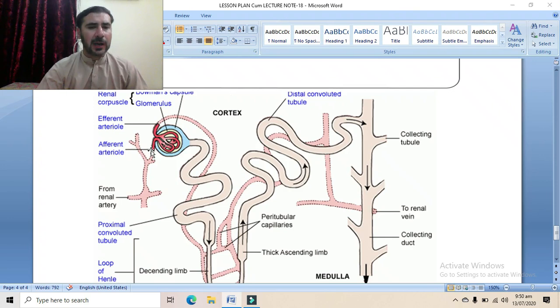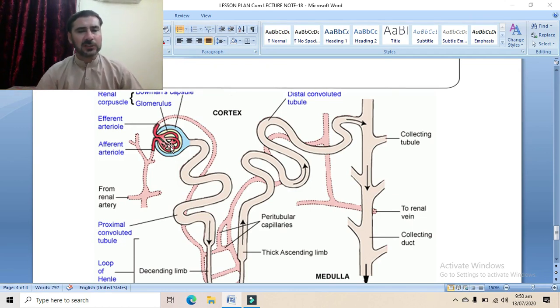So due to this high diameter, the pressure is further increased, and partly it is due to the low diameter of the efferent arteriole. So the high diameter of the afferent arteriole, which is conducting the blood inside the glomerulus, and the low diameter of the efferent arteriole, also contribute to the high pressure of the blood inside the glomerulus.